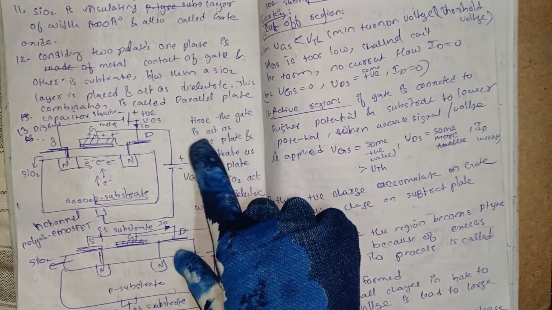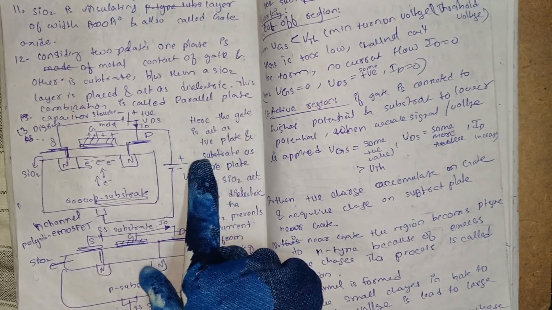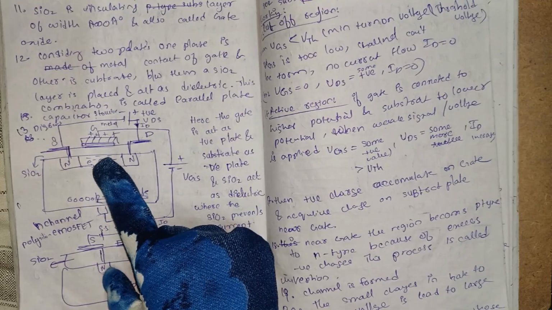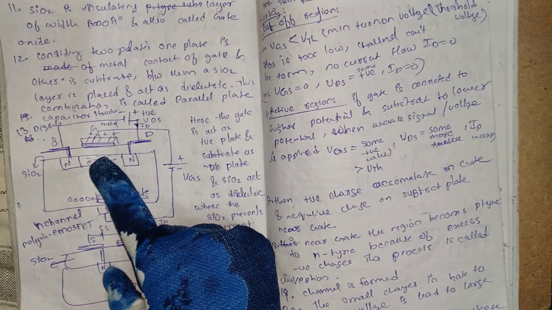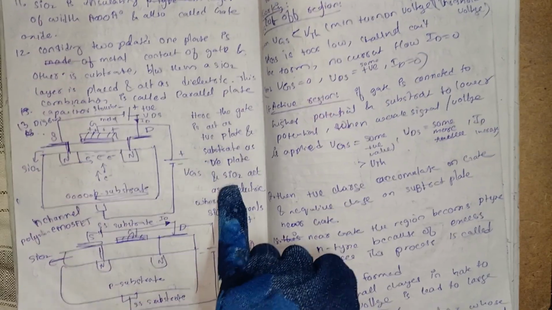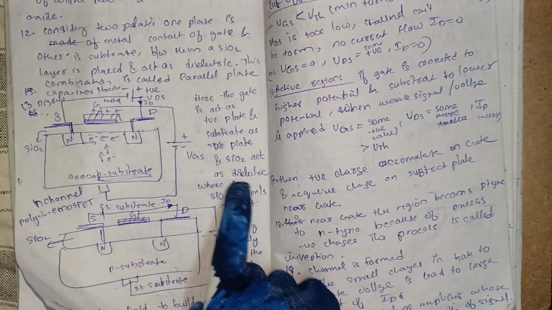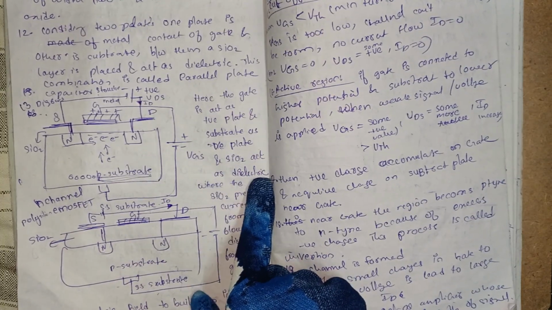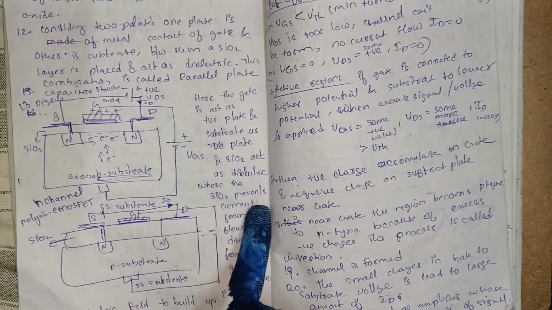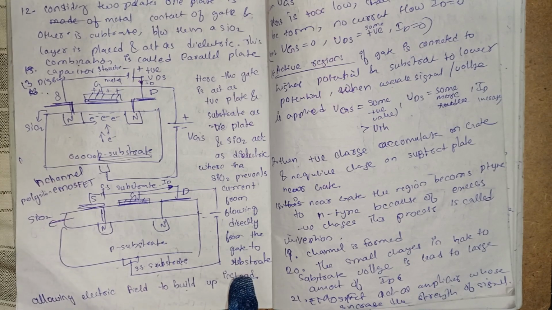Here the gate acts as a positive plate. And substrate as a negative plate. Here is the substrate which is just below the silicon dioxide layer, and silicon dioxide acts as a dielectric, means insulator, where the silicon dioxide prevents current from flowing directly from the gate to substrate.